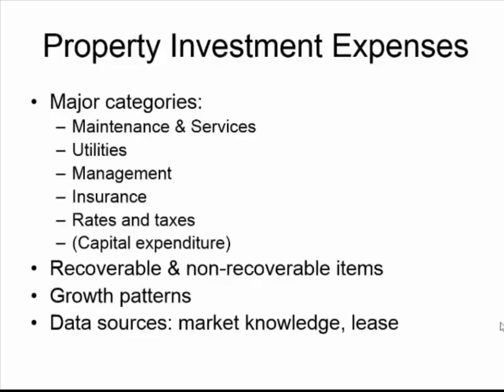When we look at expenses, again we can look at the domestic investment, say a housing investment, a dwelling investment property, and that really gives us most of the major categories. So we're going to be looking at maintenance, utilities, management, insurance, rates and taxes, and perhaps an allowance for capital expenditure. Now the complexity that you go on to with those comes partly from experience, partly from talking to people, partly from whatever experience you've been able to pick up along the way.